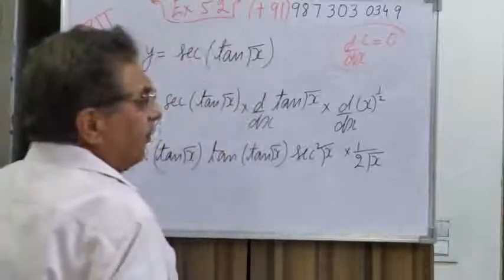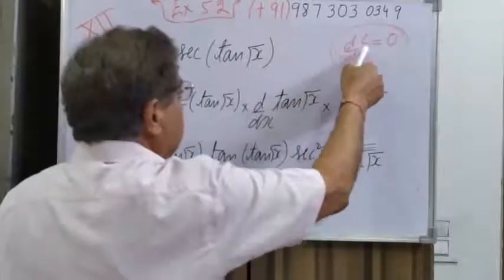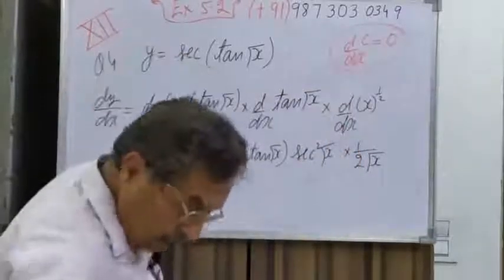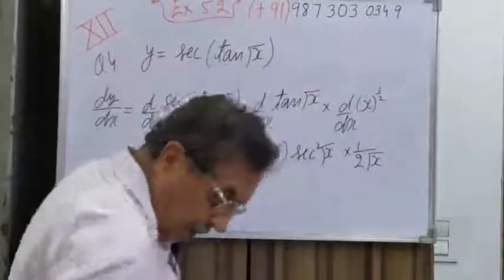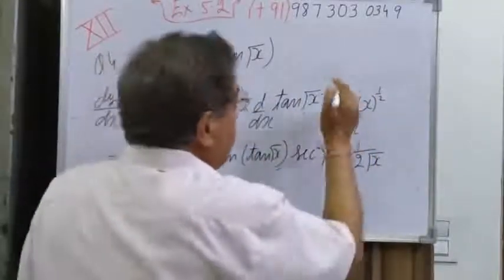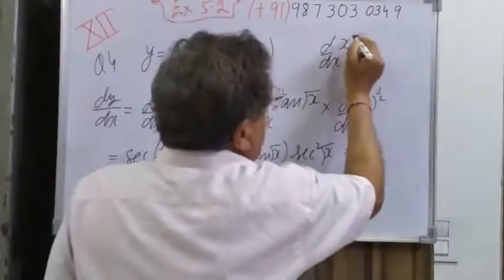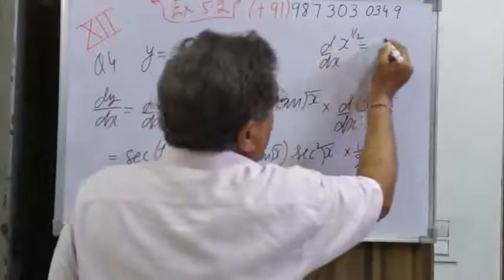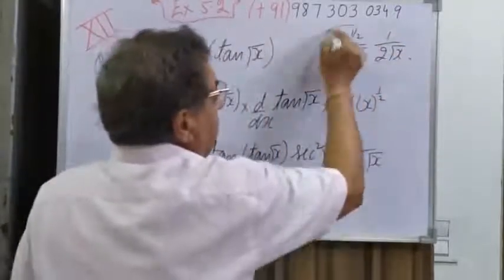In future, just as I am saying, the derivative of a constant is 0. Whenever we have the derivative of root x, it will always be 1 by 2 root x after making it positive.